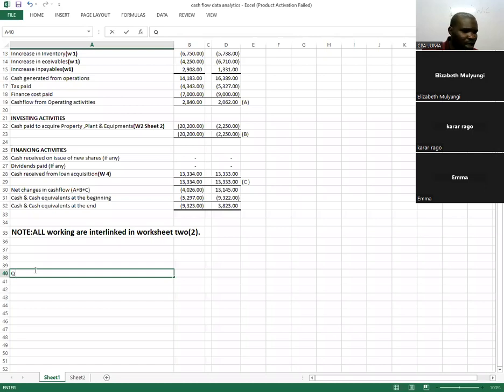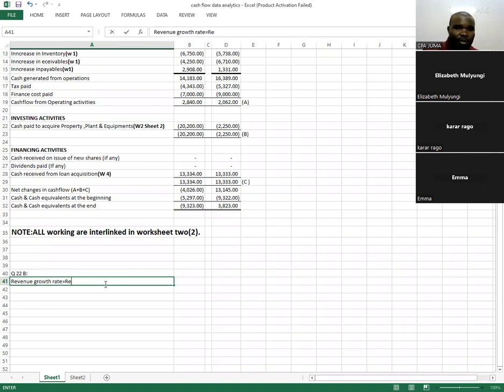Now, when it comes to question 22B, I did not want to do it because I'm not very good in finance. So the revenue growth rate. How do you calculate revenue growth rate? Here we have to help each other.